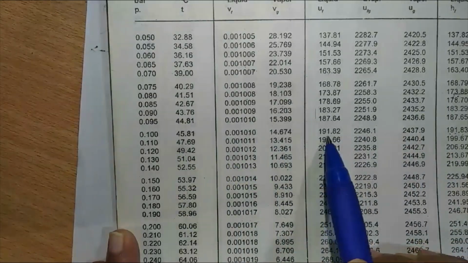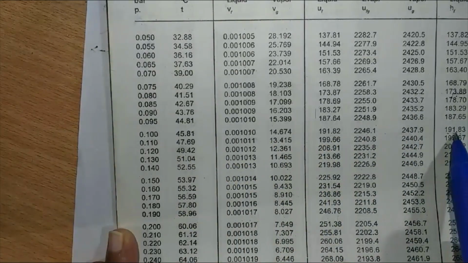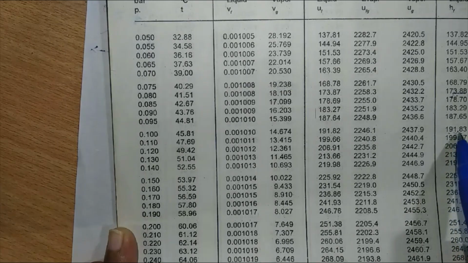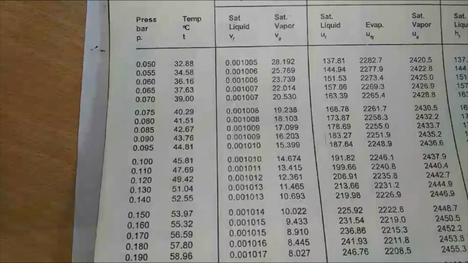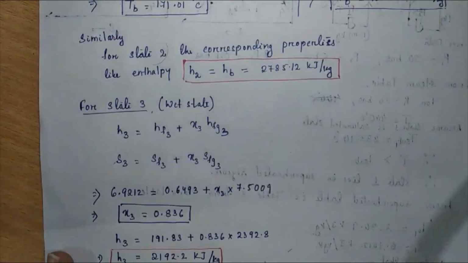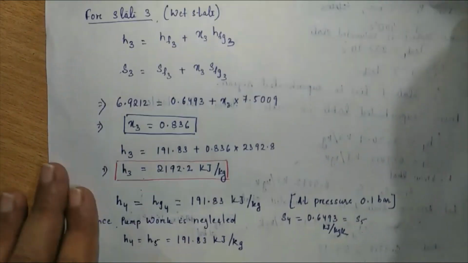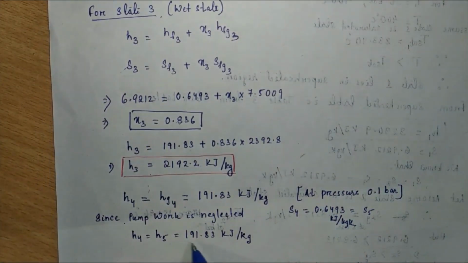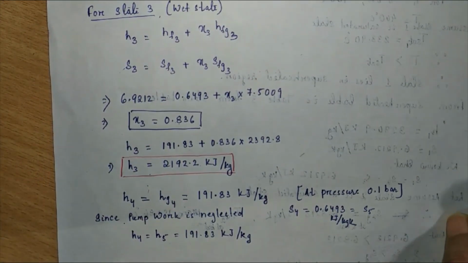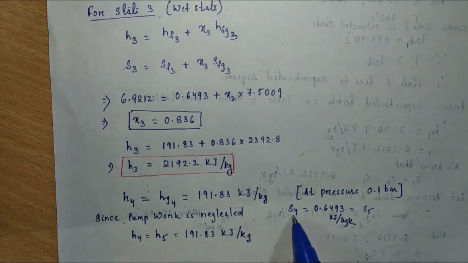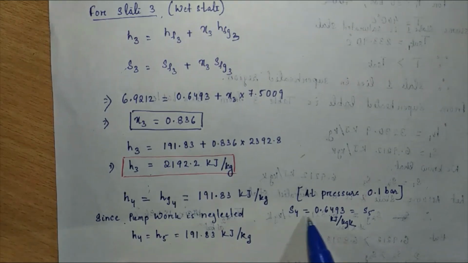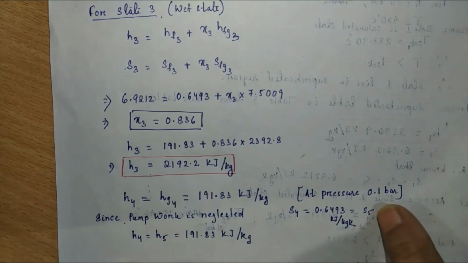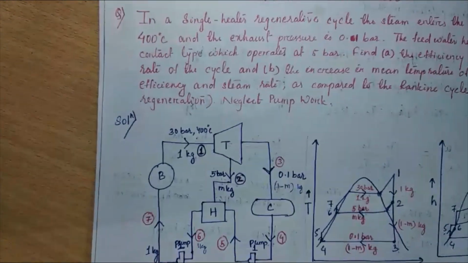For 0.1, what is the value of HF? That is 191.83. So this is the value of H4 and this must be equal to H5.